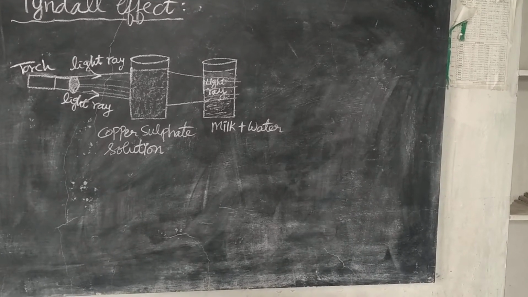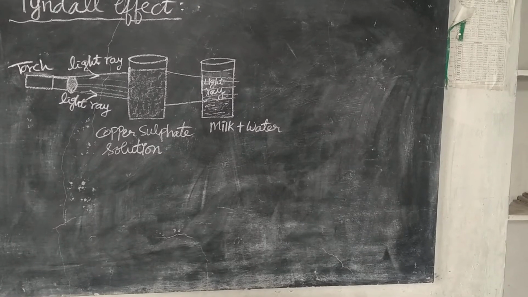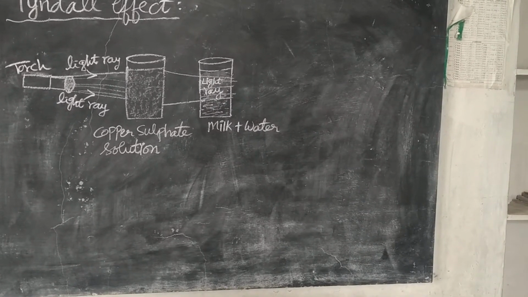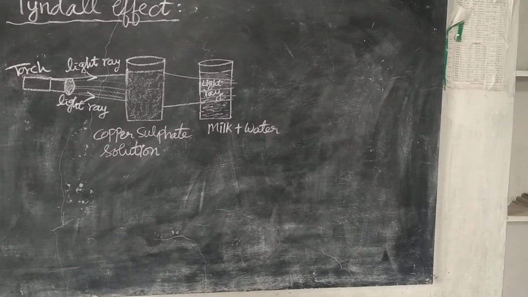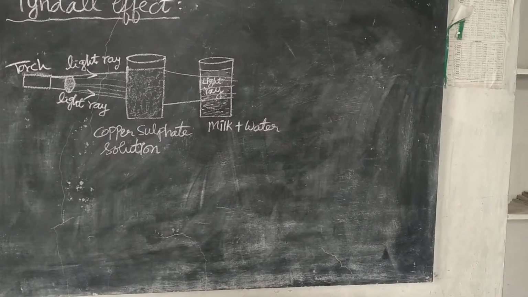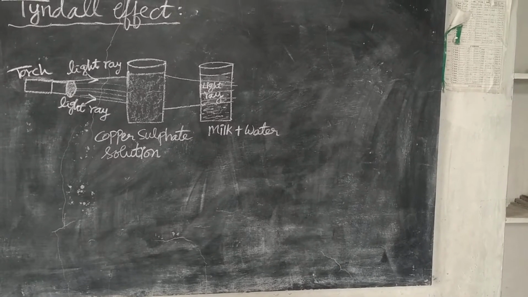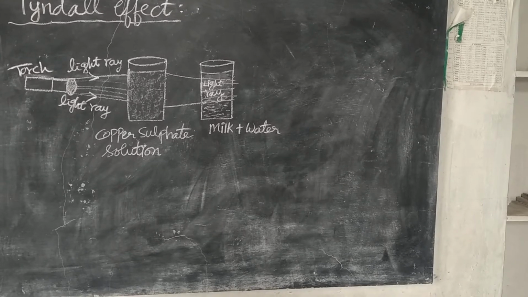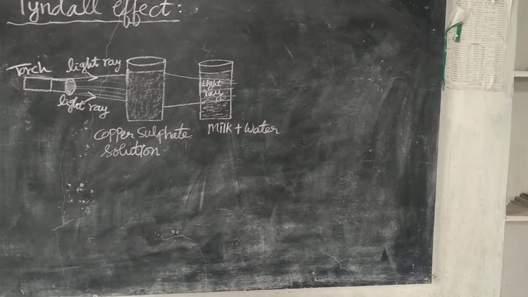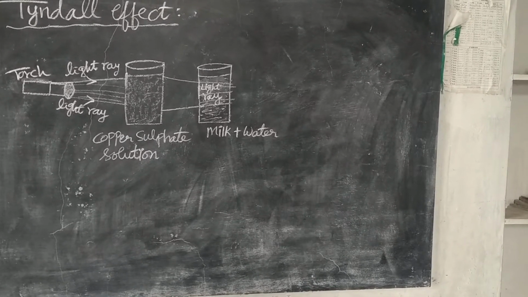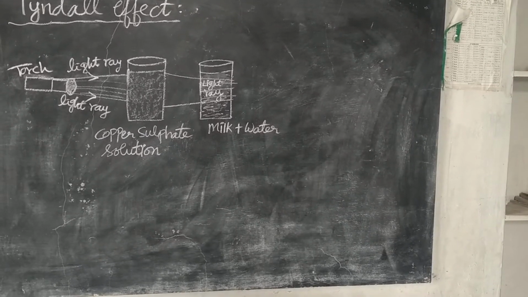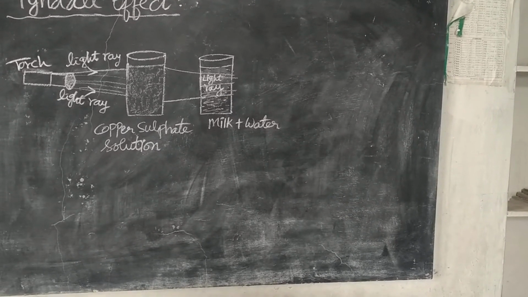The light rays pass through the beaker, but you cannot see the light rays inside the copper sulfate solution beaker. Why? Because it is a homogeneous solution. The particles of solute are not visible, so the light rays are not visible.